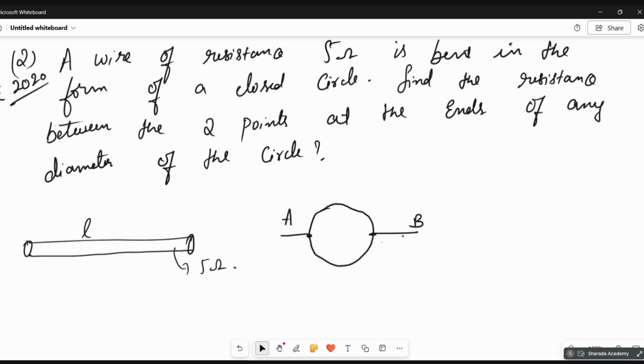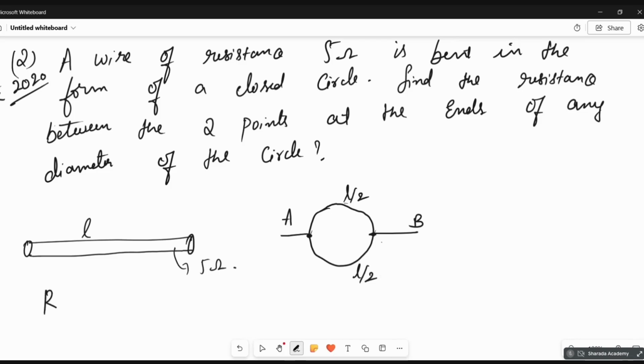He is asking. Here you can consider this is one resistor of length L by 2, and this is another resistor of L by 2.